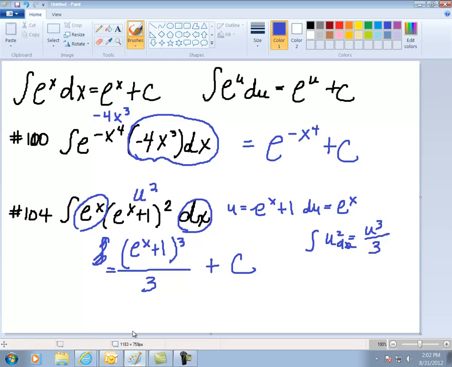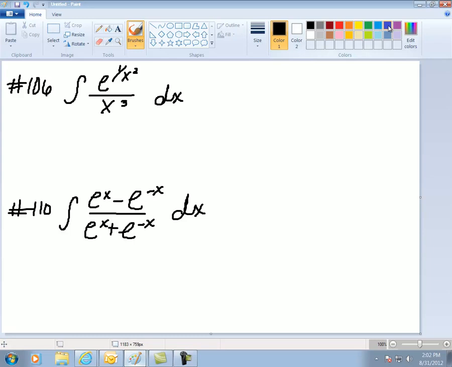Two more examples. All right. In this example, I have e to the 1 over x squared. So if I take my u to be 1 over x squared, I know that my du has to be negative 2 over x cubed.